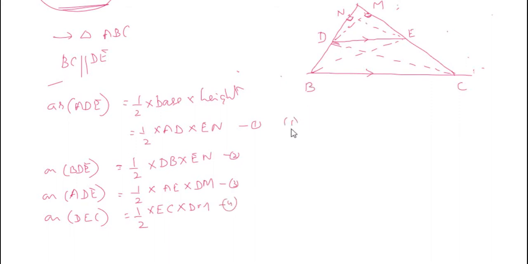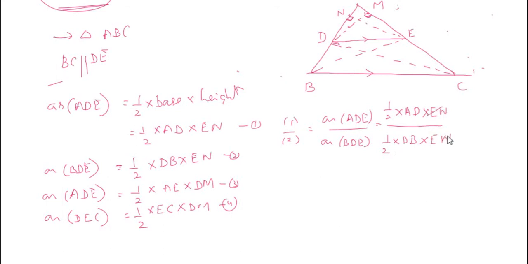1 divided by 2: area ADE divided by area BDE is equal to half into AD into EN divided by half into DB into EN.